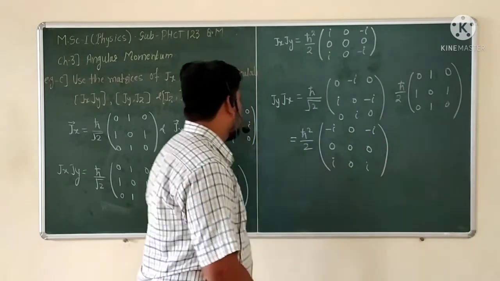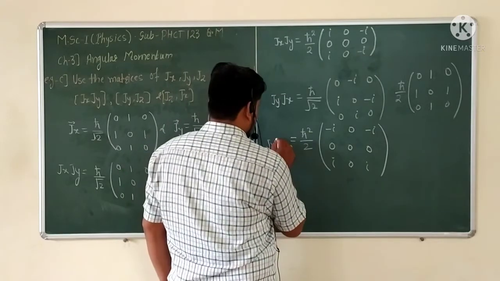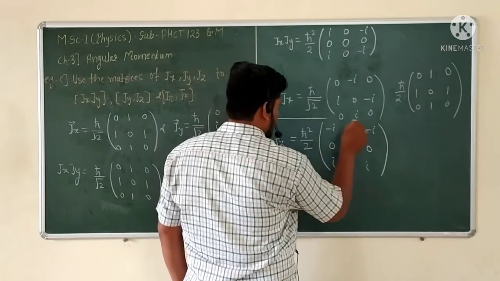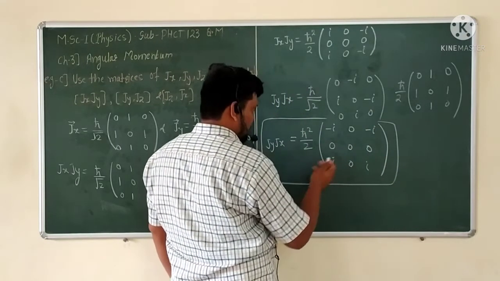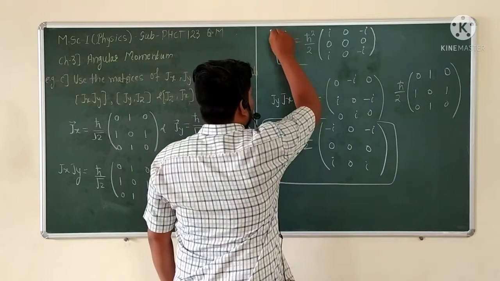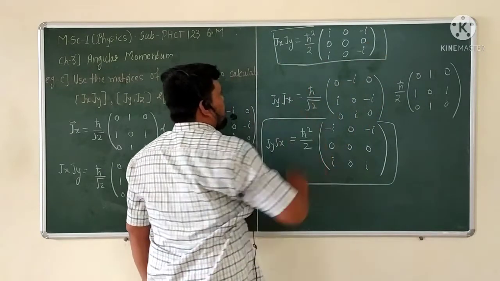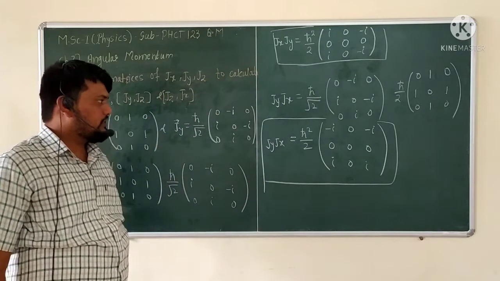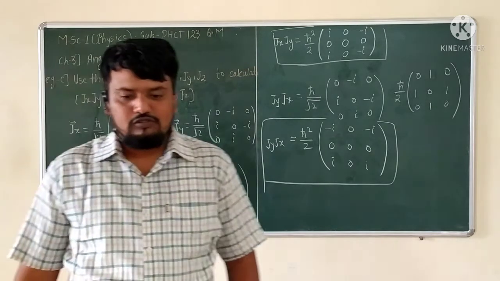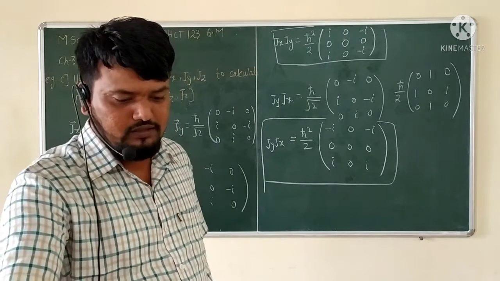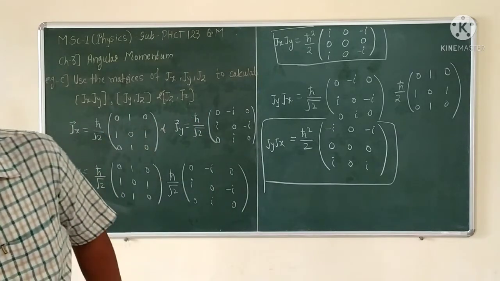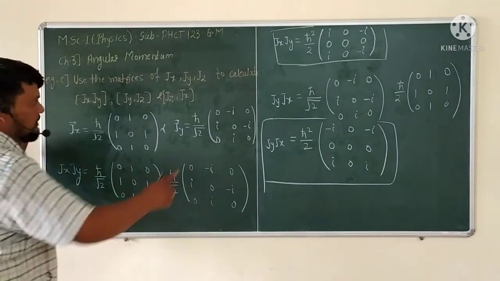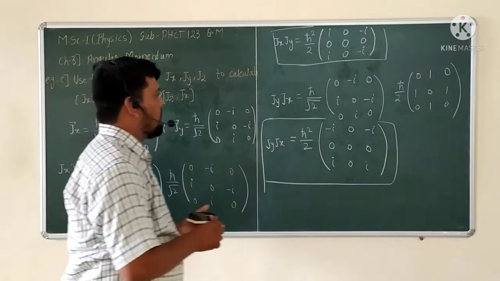So the matrix representations of Jx Jy and Jy Jx are like this. This is the value of Jx Jy and this is Jy Jx. We want to calculate this commutator relation, Jx Jy minus Jy Jx, using these two results.